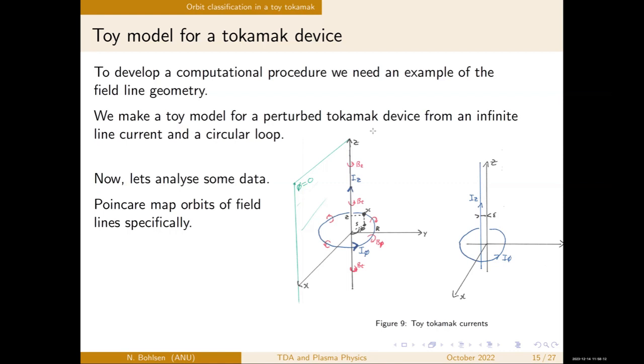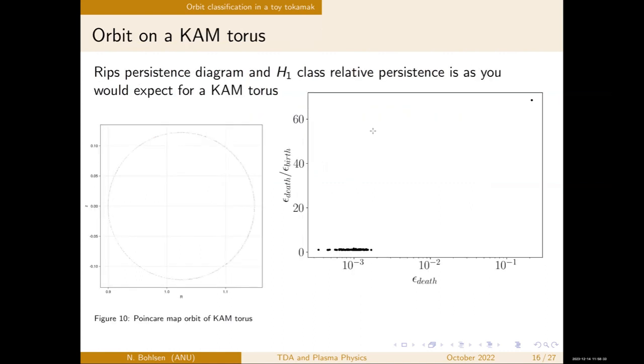This is perfectly integrable if you put the current right in the center of the circle. It's not if you just displace it by a little bit. So I'm going to displace it by a little bit. In fact, half a percent of the radius of the machine is enough to generate pretty enormous chaos in the island chain. That's what that image from right at the start of my talk came from. It's this model.